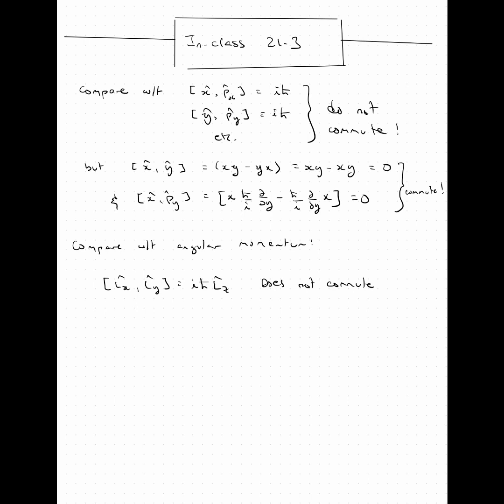And if you think about why that could be, intuition is if you rotate some object along one axis and rotate it along the other axis, you'll get the object in some position in space. But if you reverse the operations of rotation, you won't get the same thing. So this is at the heart of why these angular momentum operators don't commute.